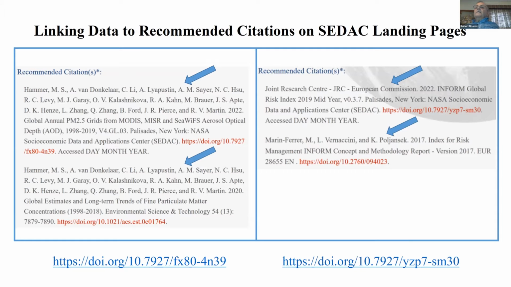On the right, on another data set landing page, the article author is actually an entity, the JRC at the European Commission, and the report that's associated with that is by individual authors.